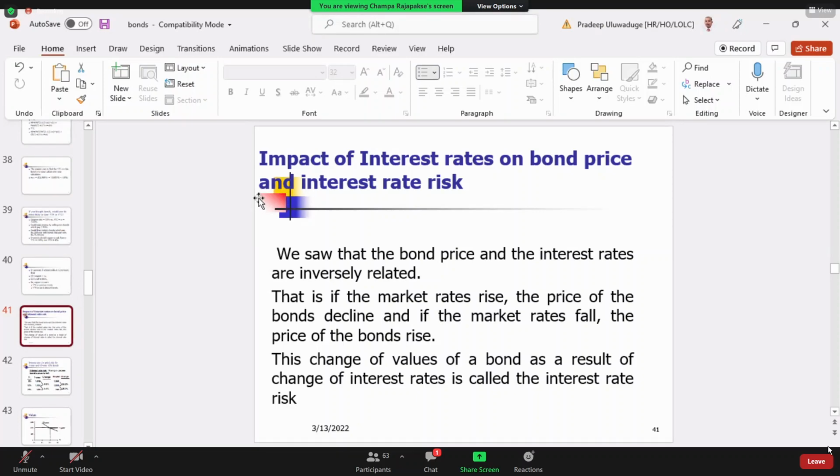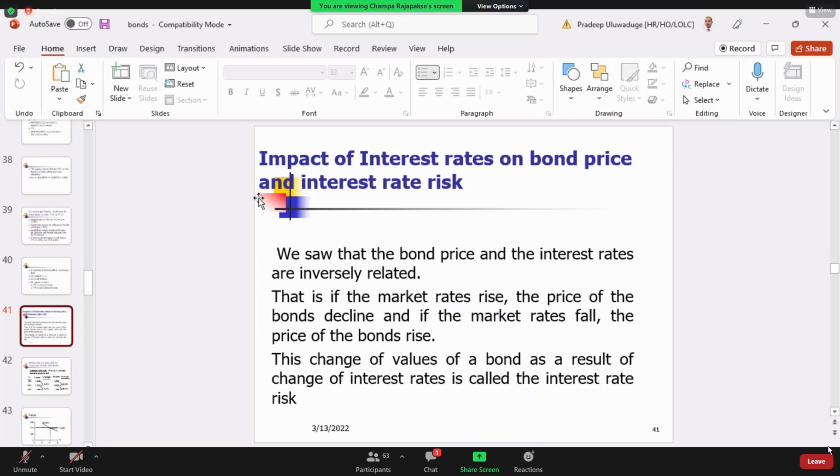So in our calculations, we saw that higher interest rates will give us lower bond prices and lesser interest rates will give us higher bond prices, which implies that there is an inverse relationship between bond price and the interest rate. That is, if the market rates rise, the price of the bonds decline.